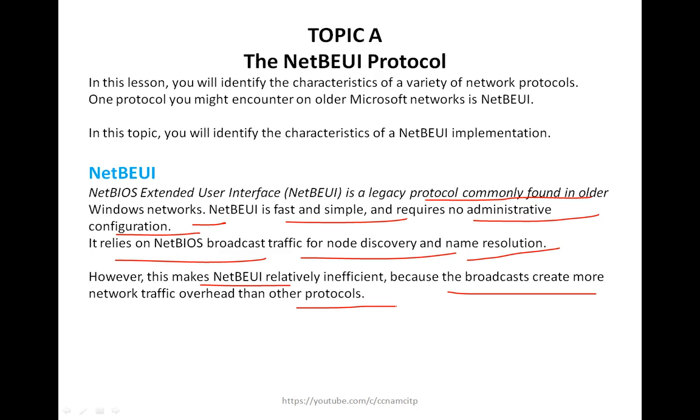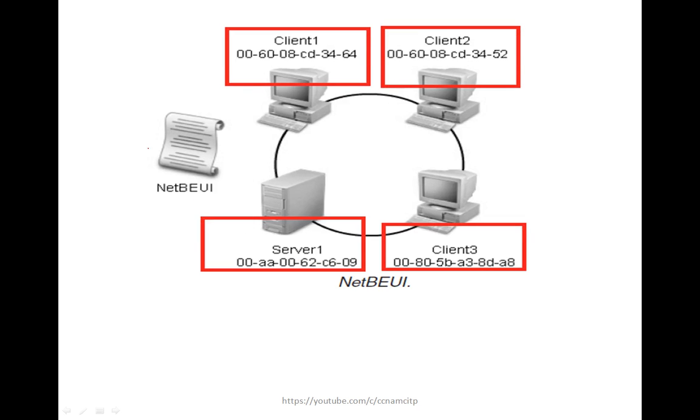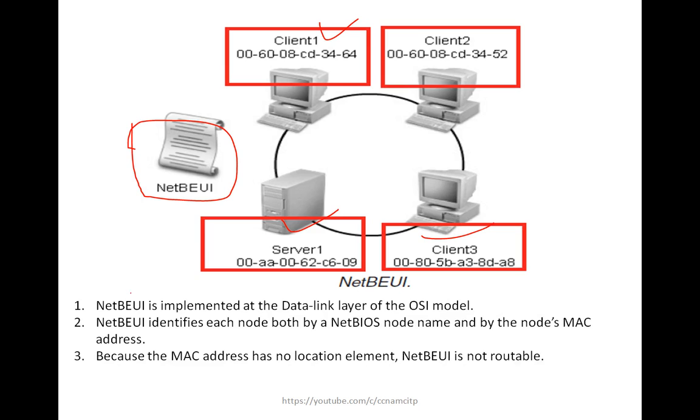So let me talk about it here. This is NetBIOS Extended User Interface, and for example, this is server 1, client 3, client 1, client 2 I have. So it will contain information like this. And what will happen here?